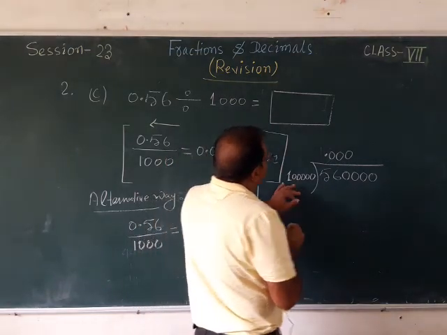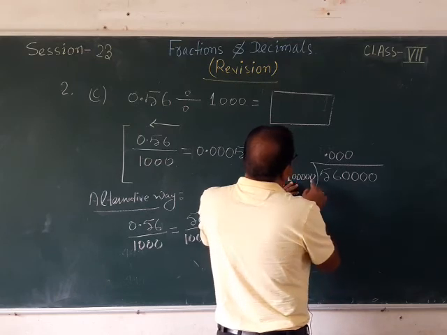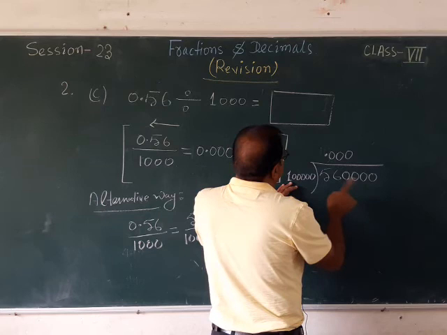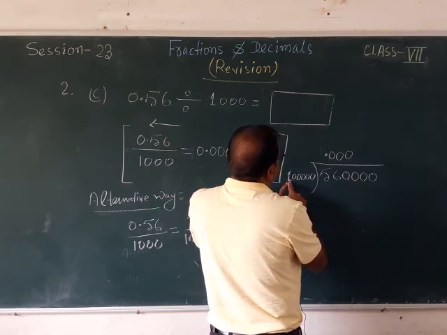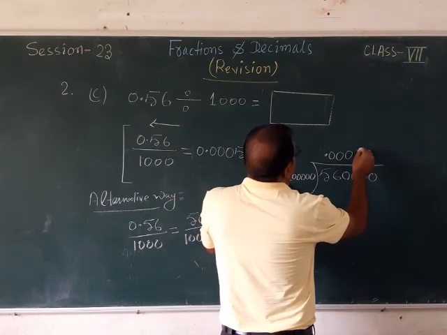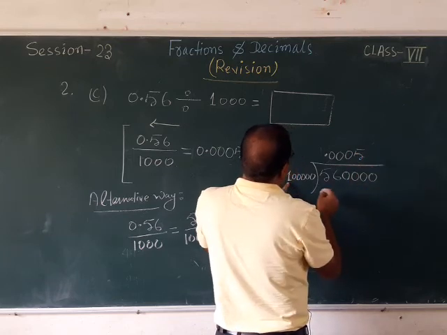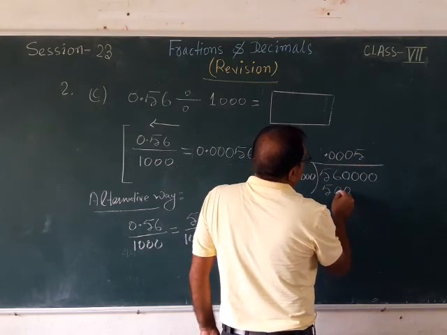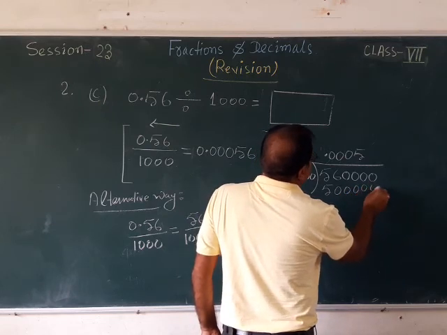Now you can divide it by 5. Ones, tens, hundreds, thousands, ten thousands, lakh. It is 5,60,000 and it is 1 lakh. So now 5 times you can divide it, so it will be written as 5 upon 5.